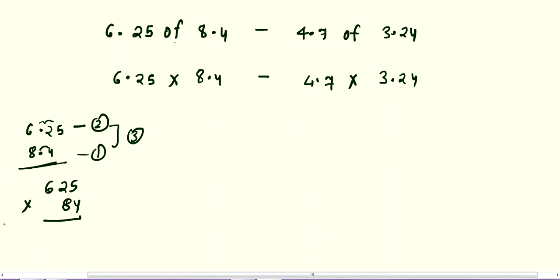So the first one is what? 4 5s are 20, then 2 carry, 4 2s are 8, 8 plus 2 is 10, 1 carry, 4 6s are 24 plus 1 is 25. Then cross, then 625 into 8. So 8 5s are 40, 4 carry, 8 2s are 16, 16 plus 4 is 20, 0, then 2, 8 6s are 48, 48 plus 2 is 50.